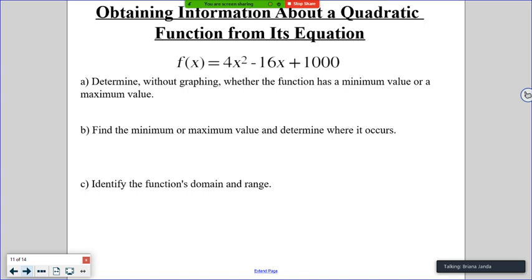Given a function here, f of x equals 4x squared minus 16x plus 1,000. It says determine without graphing whether this has a minimum or a maximum value. So what's going to tell us if it has a minimum or a maximum? The a.